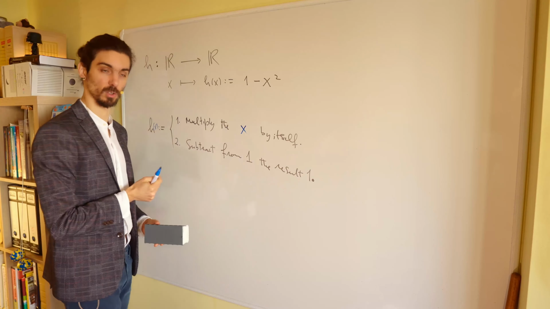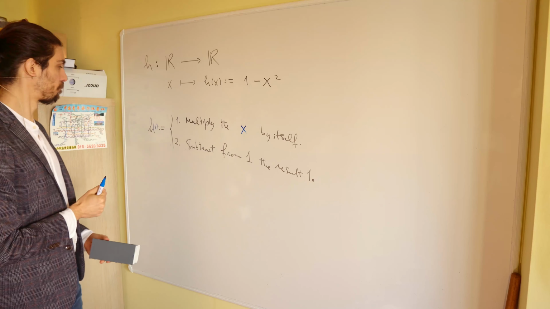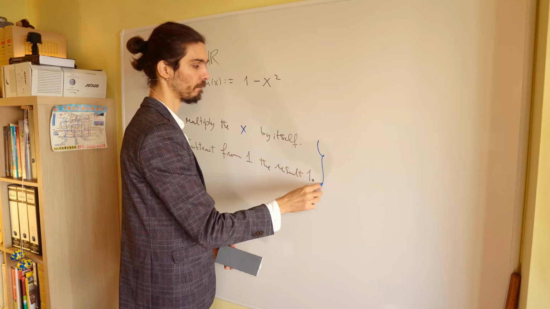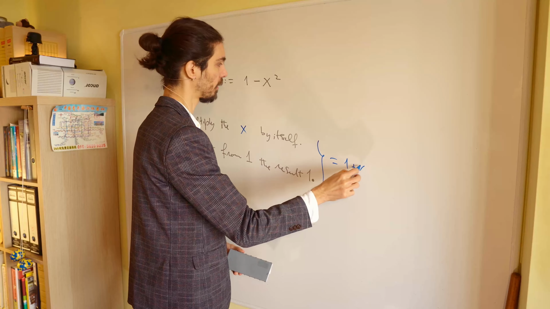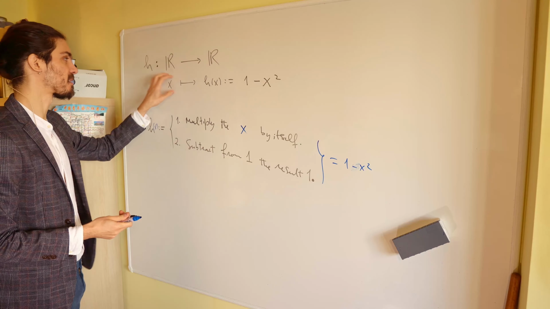So this thing here is also a number. This is a symbol for a number that lives in the codomain. h of x is just an abbreviation. And moreover, 1 minus x squared is also an abbreviation for this entire thing. So we are abbreviating all the time. Can you see? Different ways of explaining what is the number that lives here, which is in turn assigned to this thing.